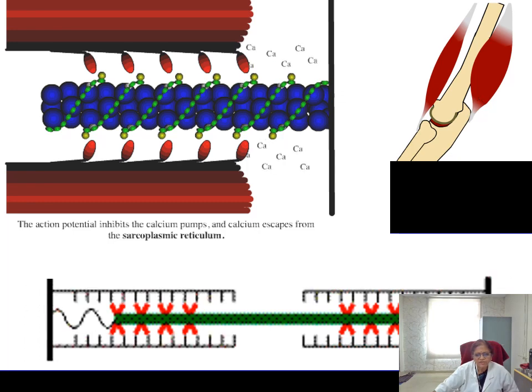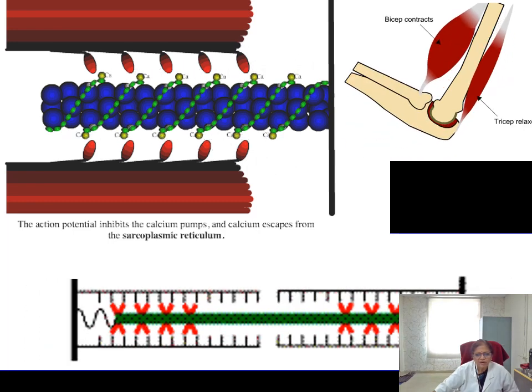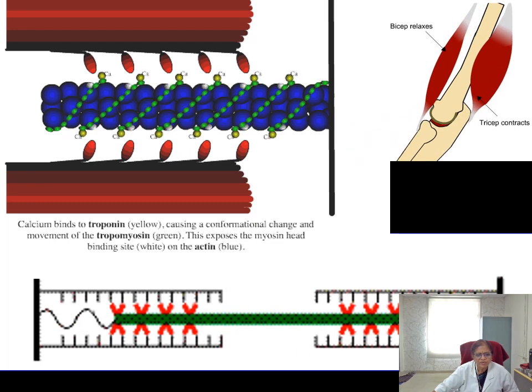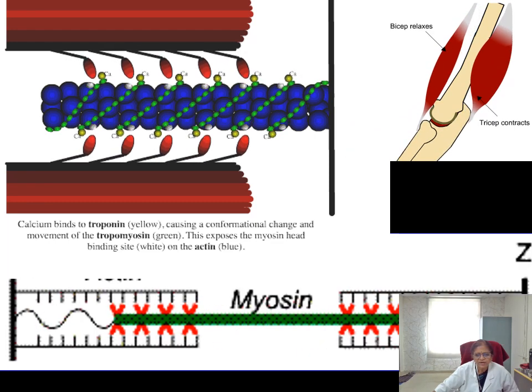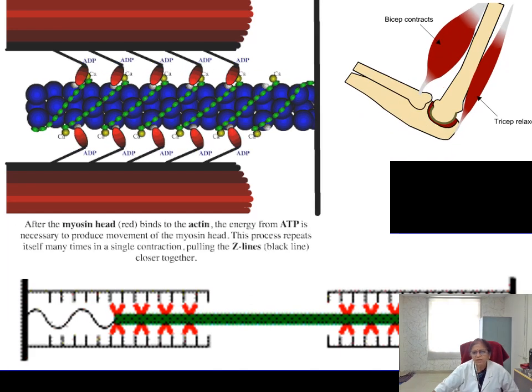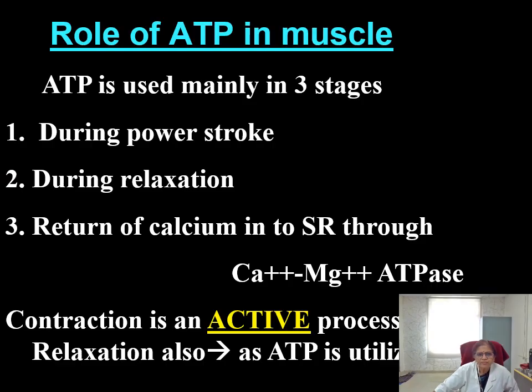So overall there is a sliding action on either side of the sarcomere, where only the actin will be sliding towards the midline, whereas the myosin filament length will be constant. So what is the role of ATP? We need it in three areas. It is mainly important during power stroke, during relaxation, and for the return of calcium.